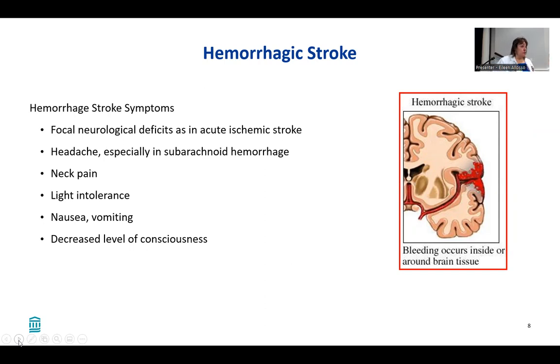So they can have nausea and vomiting from the increased pressure on the brain, and a hallmark of a hemorrhagic stroke is a decreased level of consciousness.